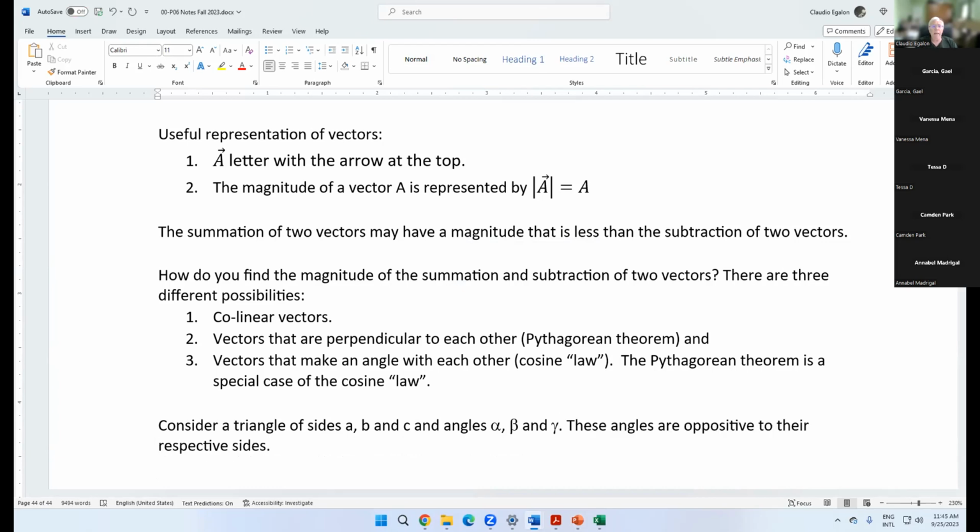Alpha is opposite to A, beta is opposite to B, and gamma is opposite to C.